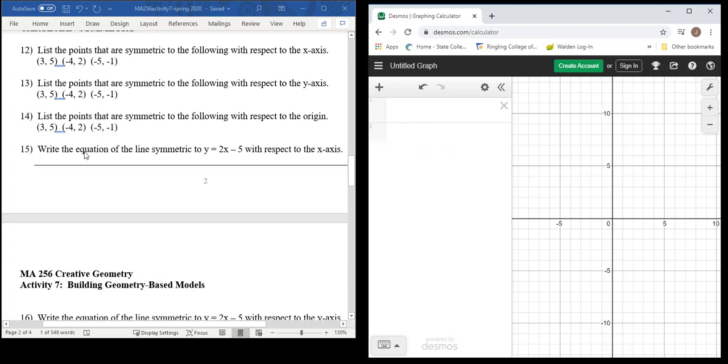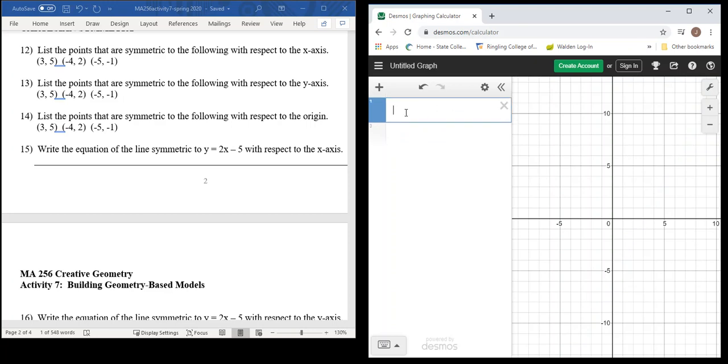And let's get on to line symmetries. So here we have y equal to 2x minus 5. Okay, so I have a line. And I want to put another line in. So I do copy, paste. And what happened there, I don't know.